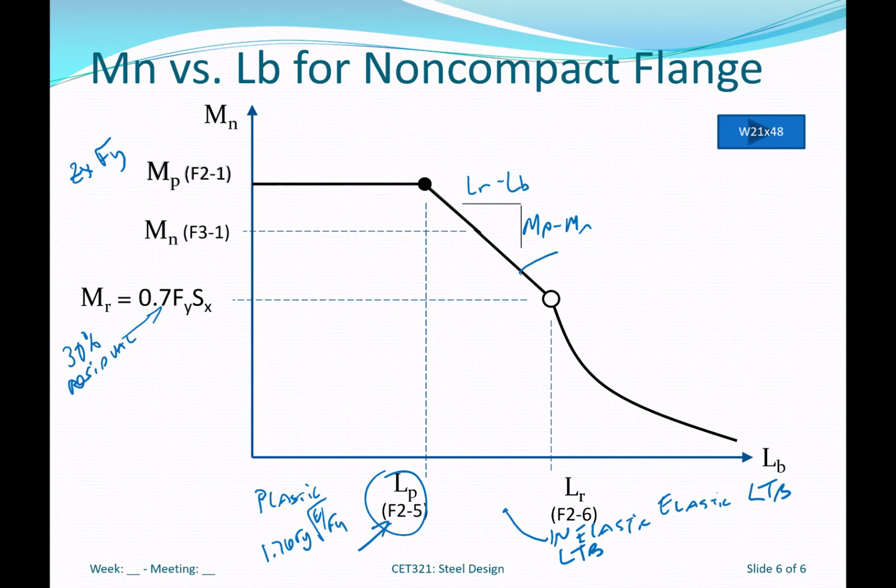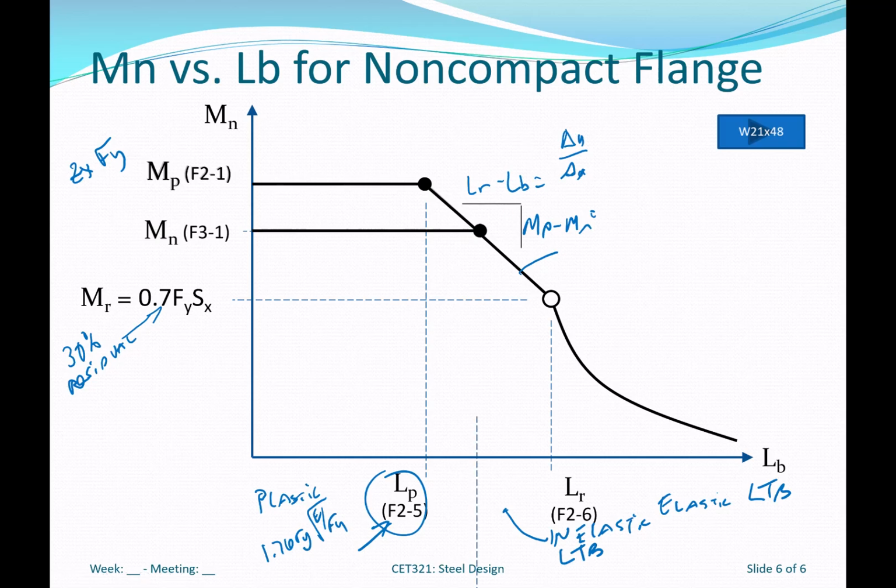That's our L sub P based on the section properties of the shape, the r sub y of the section property. So we know the slope of this line, right? Slope of this line is delta y over delta x, just like any other slope of a line. But we also can get this out of the table, right? This is out of table 3-2, okay?